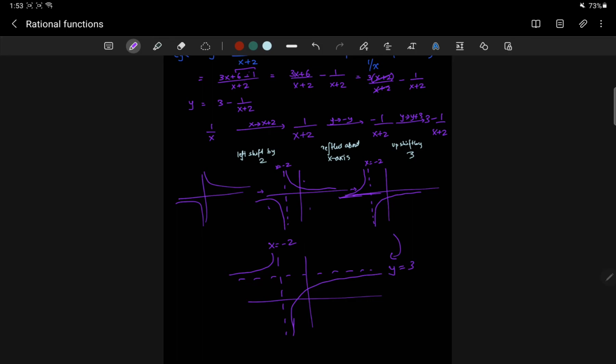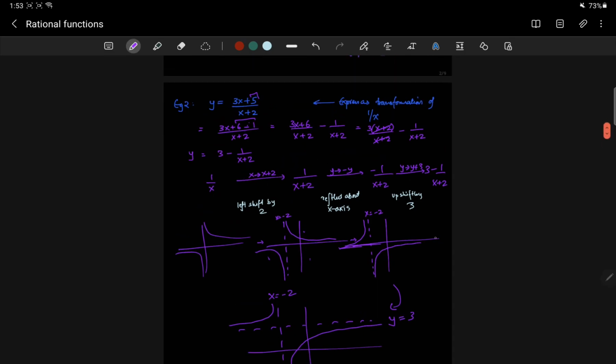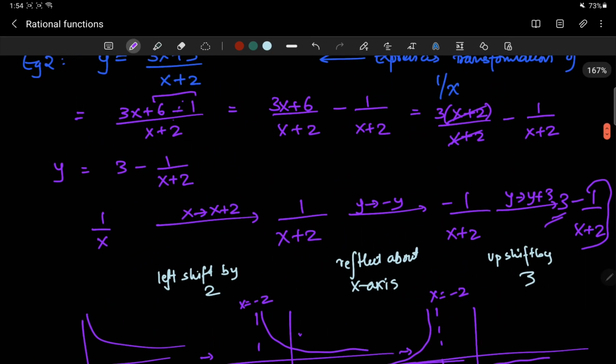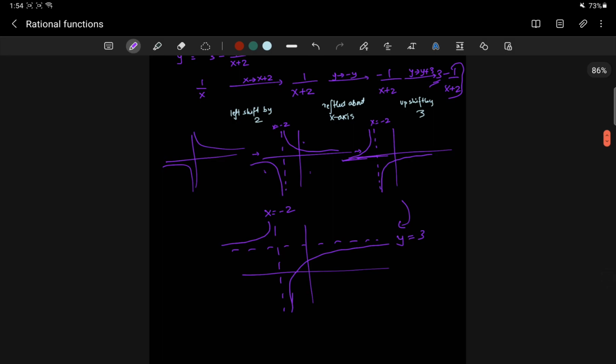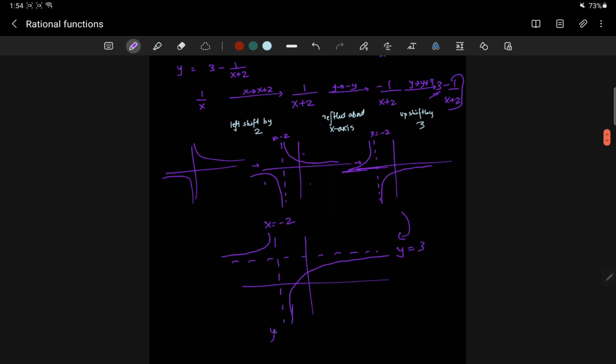So this y shift changed the horizontal asymptote. The horizontal asymptote, which was at 0, has now gone up to 3. That's because we are adding 3 to this function, which is always decreasing.